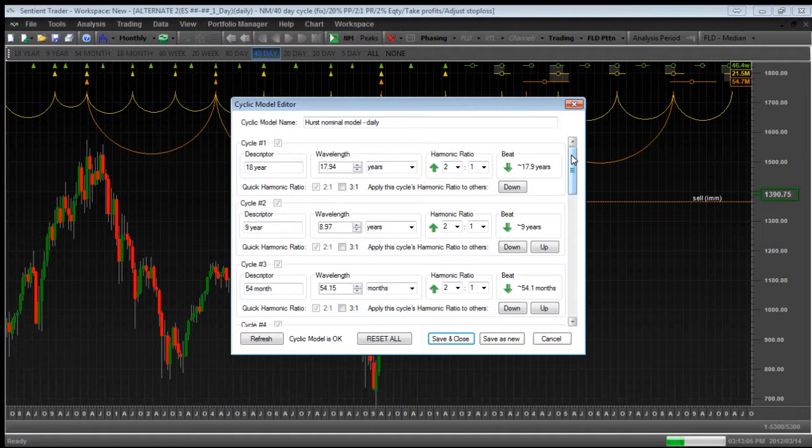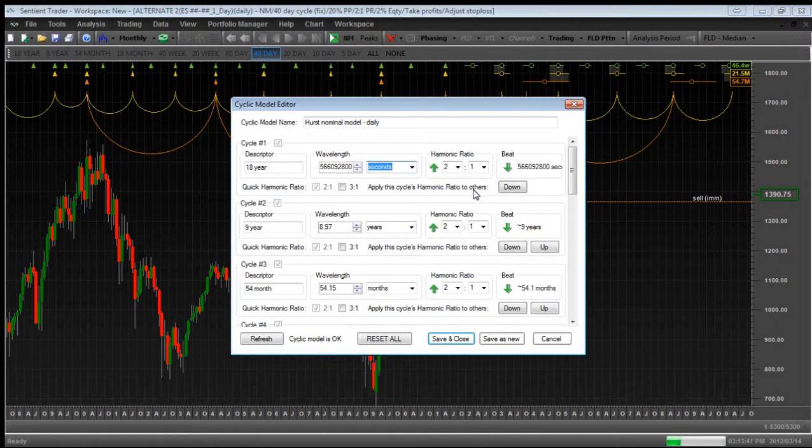Here's your nominal model. You have a list of 11 cycles. The only thing that absolutely has to happen when you create a nominal model is that the harmonic ratios between your cycles and their wavelengths make sense, so that when Sentient Trader performs its analysis, it's able to effectively synchronize your troughs appropriately using your wavelength in terms of years and days, months, and so on.